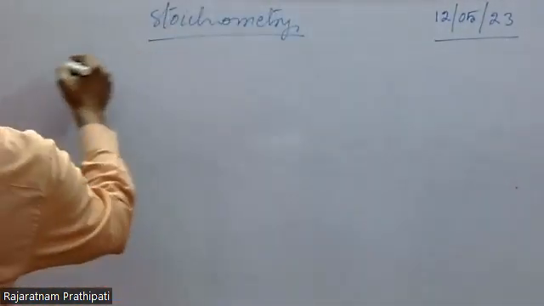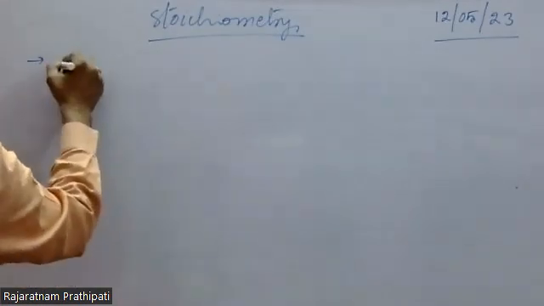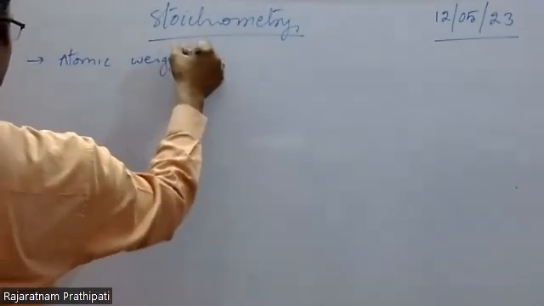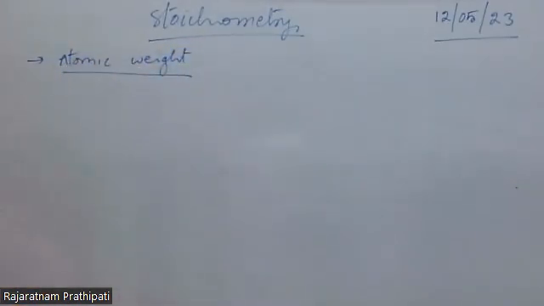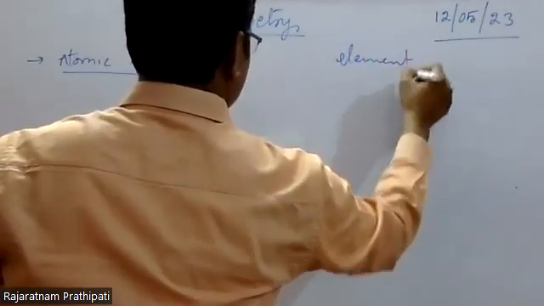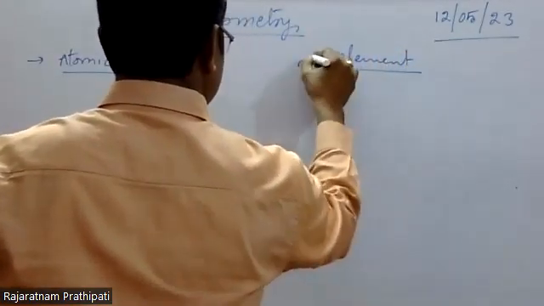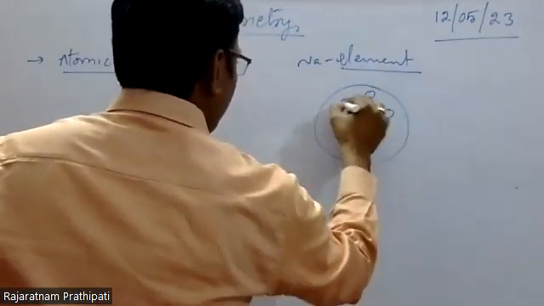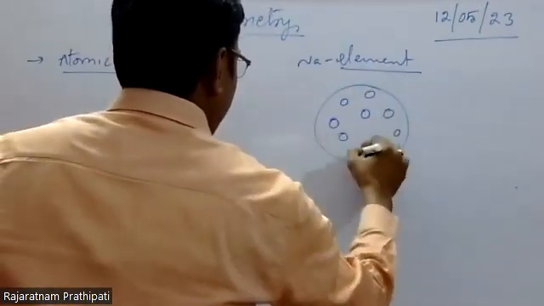Okay. Here, in the mole concept, atomic weight. Atomic weight means, if you consider an element, for example the sodium element, it is composed of what? Sodium atoms.